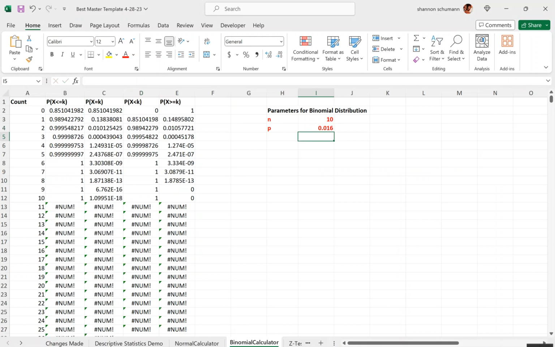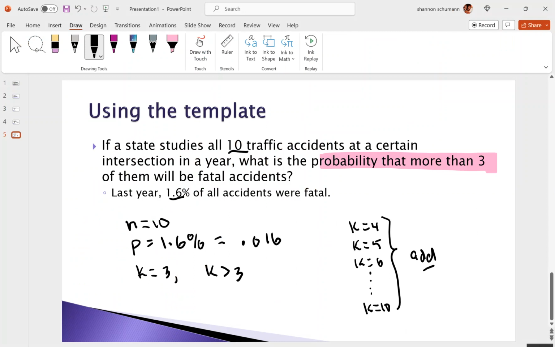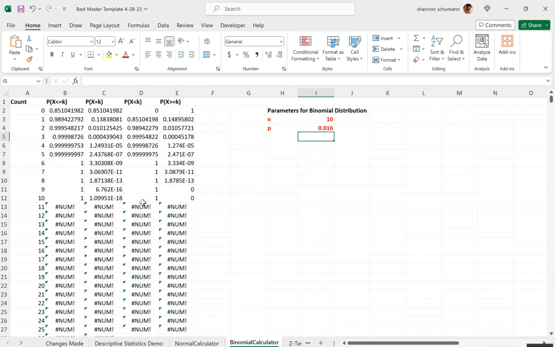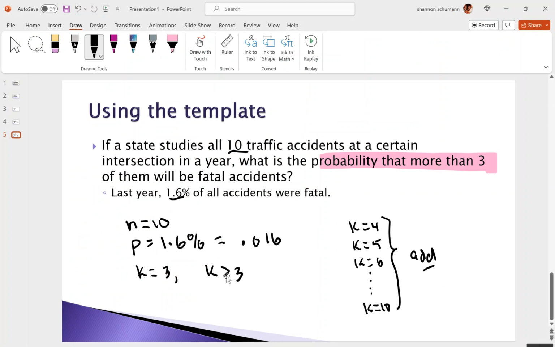Okay. And we want to know more than 3. Oh, we don't have a more than. We have a greater than or equal to, but we don't have a greater than. So let's come back and think about this. If we want more than 3, that is greater than or equal to 4.